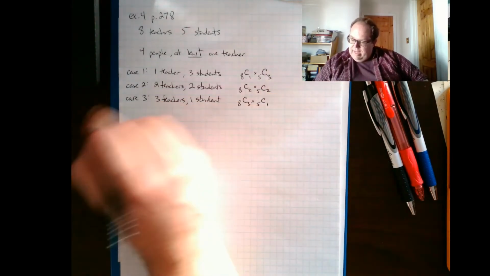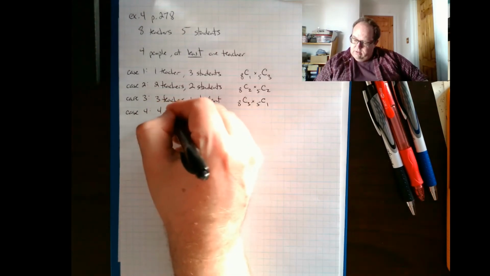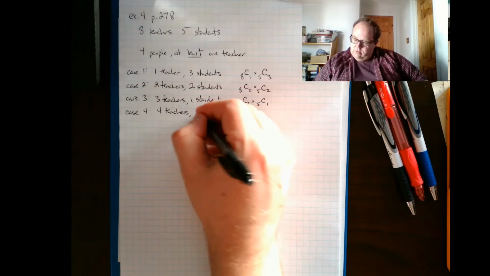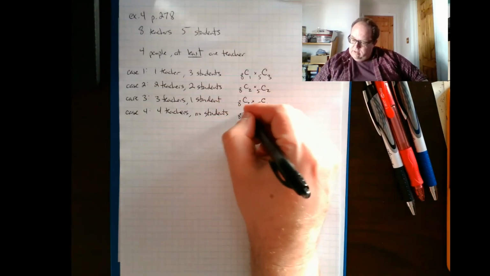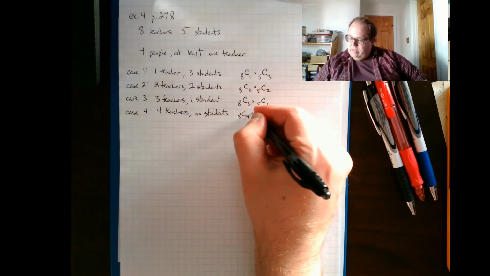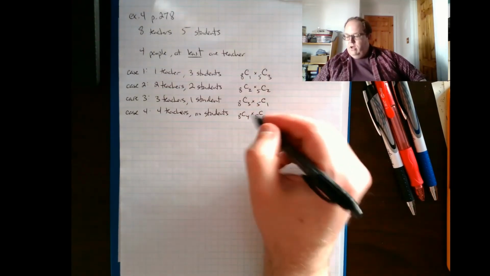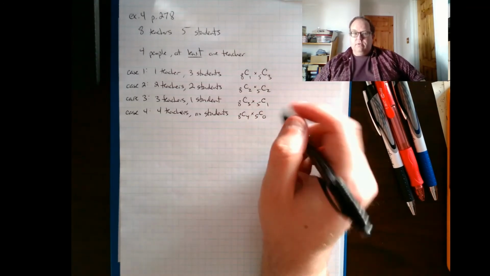And lastly, case 4, 4 teachers, no students. That's going to be 8 choose 4. And you could write this as 5 choose 0 if you wanted to, and it would still work out fine. Or you could just leave it as 8 choose 4. Either one gives you the same thing.